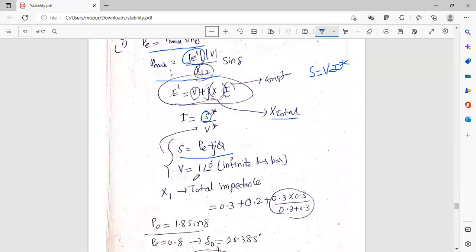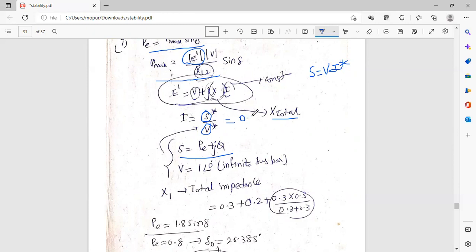And V is the voltage at the infinite bus bar, 1 at an angle 0. So by knowing the value of S and the voltage, you can get the value of current. S conjugate is PE minus jQ, no?